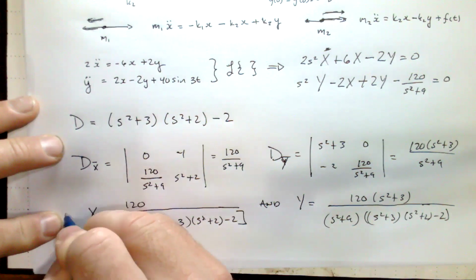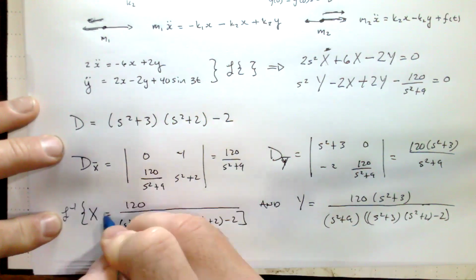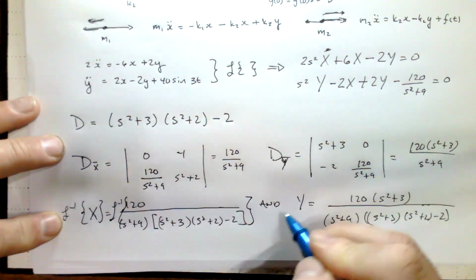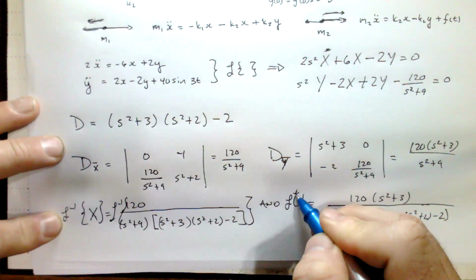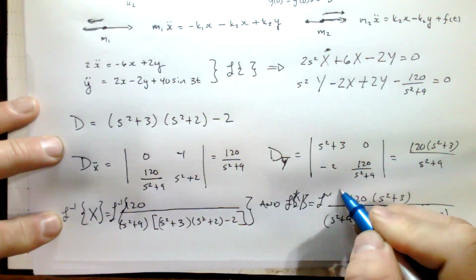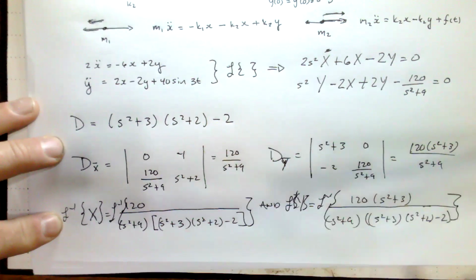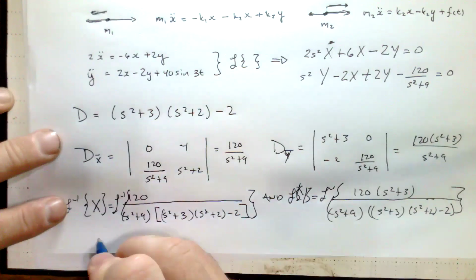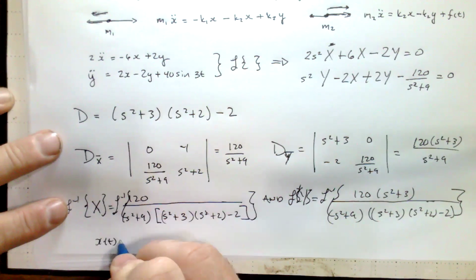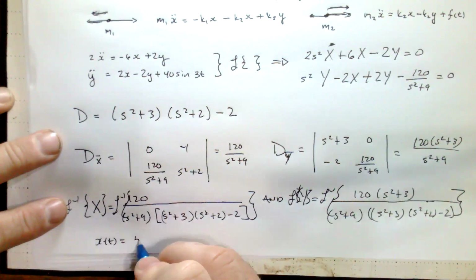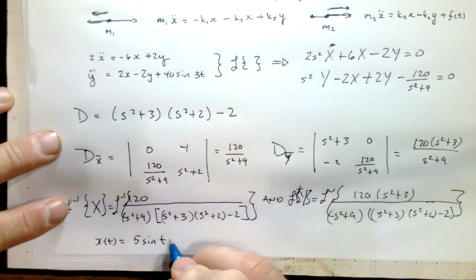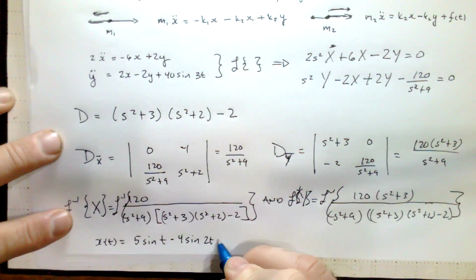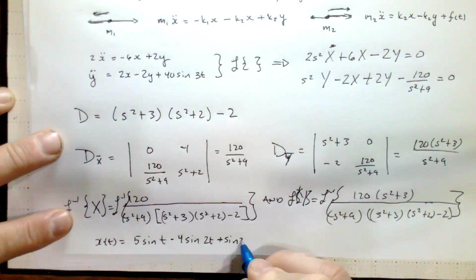I did this in Maxima, and the results I got for x of t are 5 sine t minus 4 sine 2t plus sine of 3t.